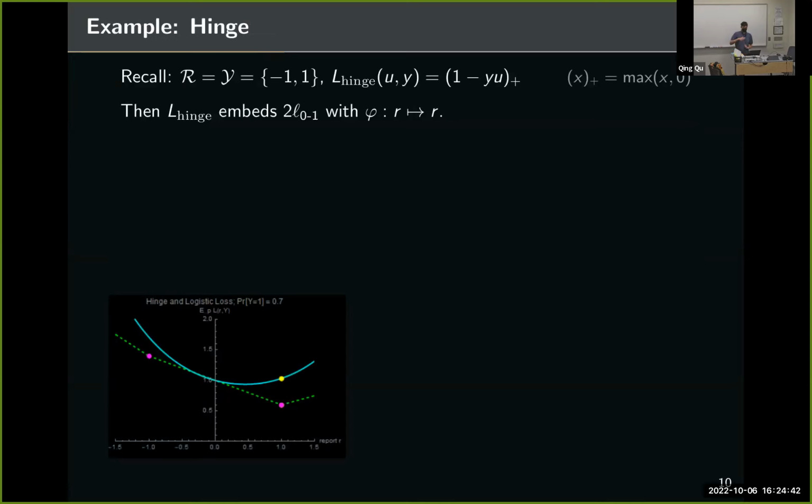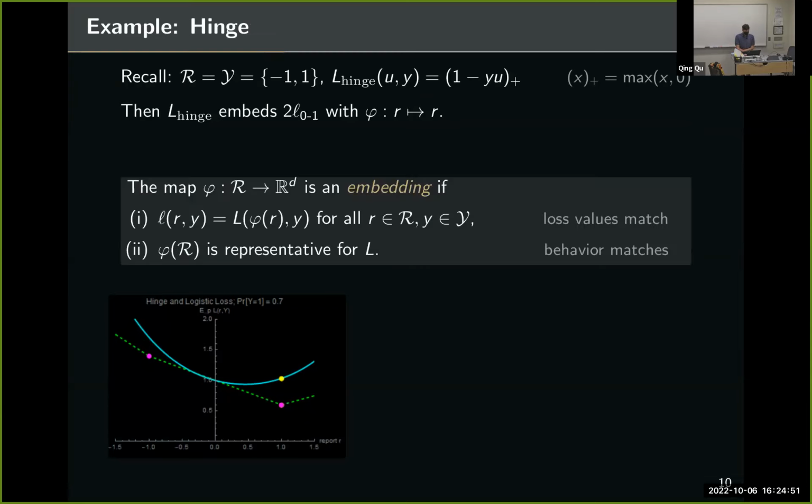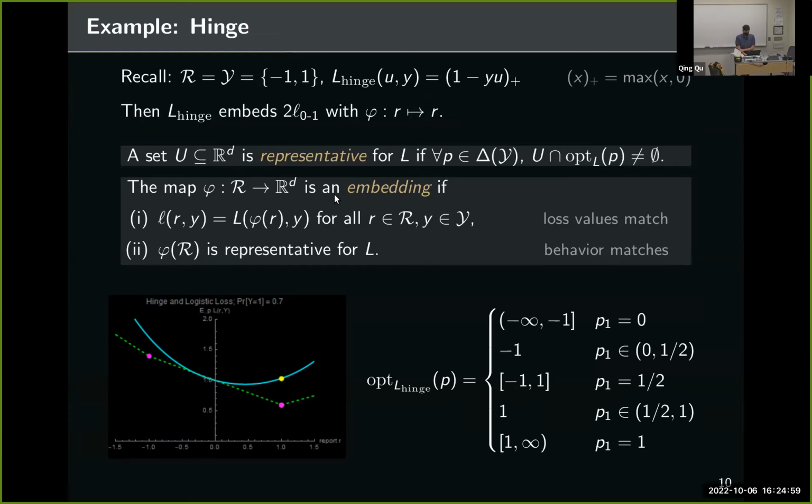Let's exercise this definition and verify that hinge embeds twice 0-1 loss. We already checked the first condition, that the loss values match. So we just need to show that we get a representative set, meaning it's always present among the optimal set. Here the map is just the identity. I take -1 and map it to -1, I take +1 and map it to +1.